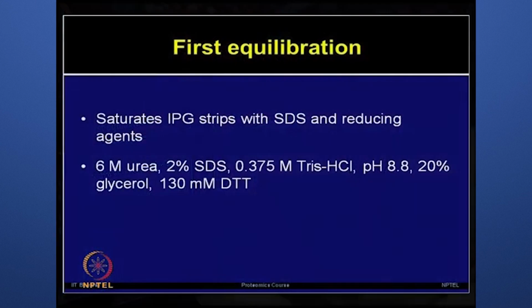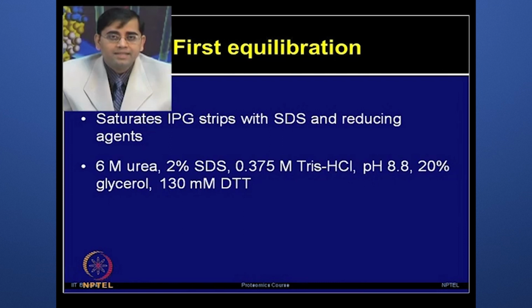The recipe for the equilibration buffer is ideally similar in both the first and second equilibration, which includes 6 molar urea, 2% SDS, 0.375 molar Tris-HCl, pH 8.8, and 20% glycerol.